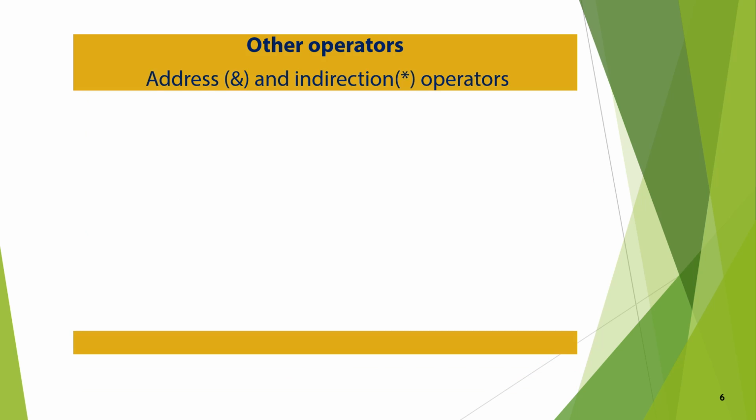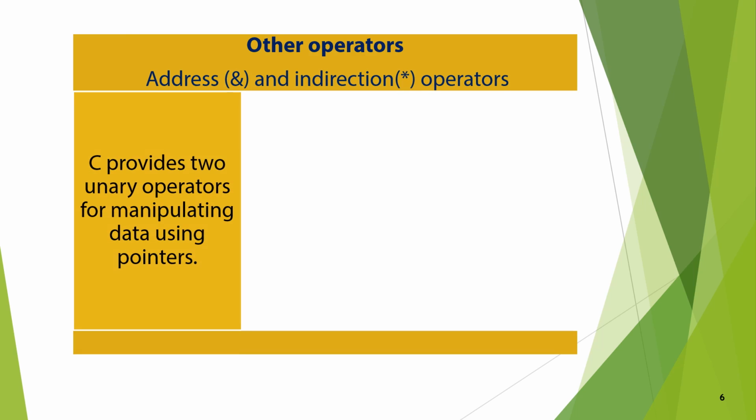Next, we will see the address and indirection operators. Here, ampersand is used as the address operator and star is used as the indirection operator. Both of these are unary operators, that is, they require only one operand, and we can use these operators with pointers.